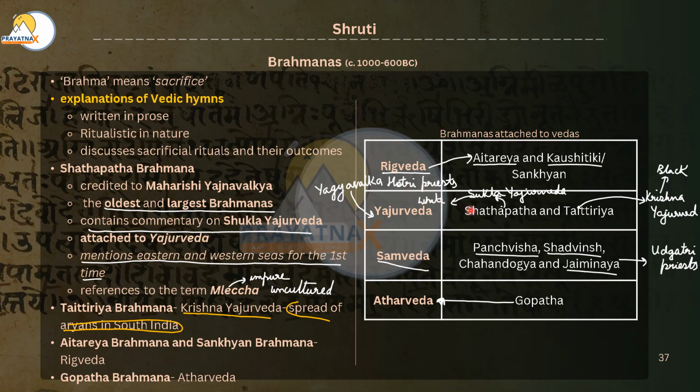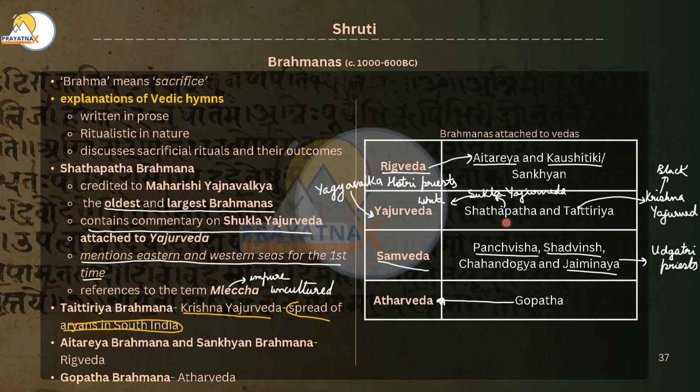Then Shatpat Brahmana and Taittiriya Brahmana were composed by priest known as Yajnavalkya. Now, out of this, Shatpat Brahmana is one of the oldest and the largest Brahmanas. It contains commentary on Shukla Yajurveda. Now, it also mentions Eastern and Western seas for the first time.